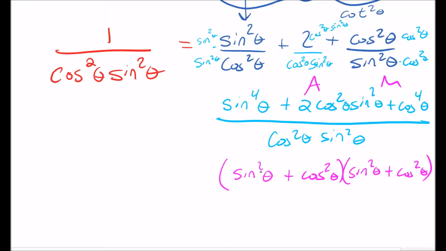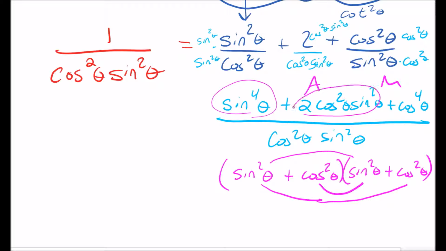Because if we do this out, sine squared times sine squared gives us sine to the 4th. Sine squared times cosine squared is 1 cosine squared sine squared. Cosine squared times sine squared is another 1 cosine squared sine squared. That's how we get the 2 cosine squared sine squared up here. And then cosine squared times cosine squared gives us the cosine to the 4th.